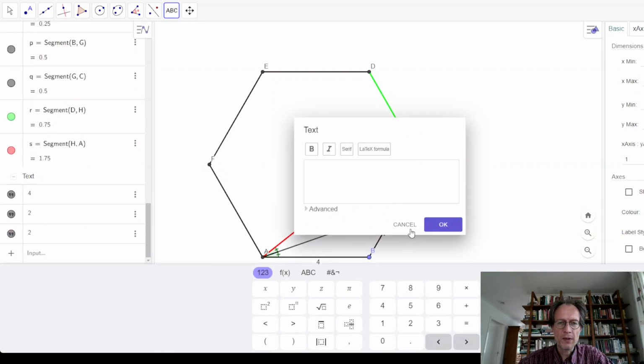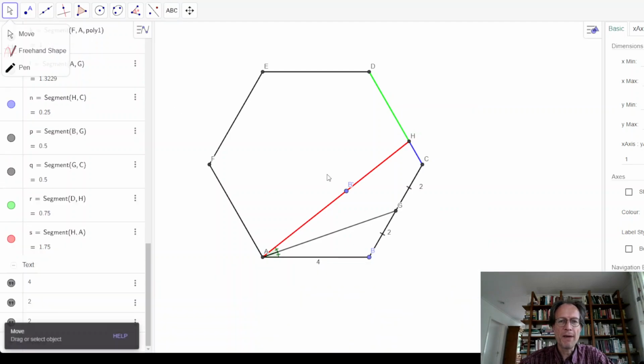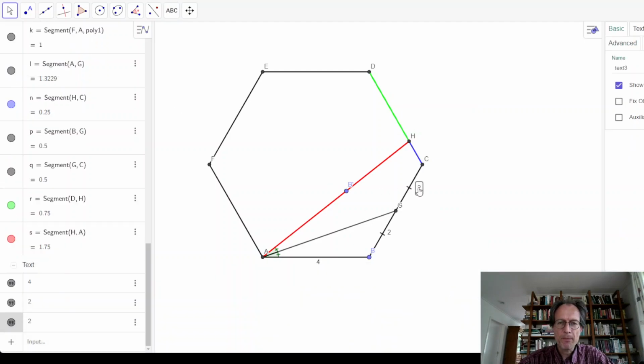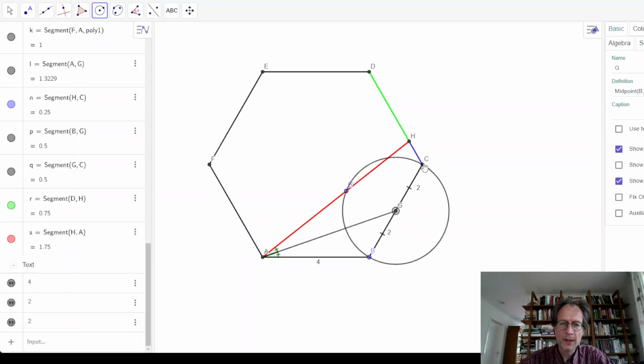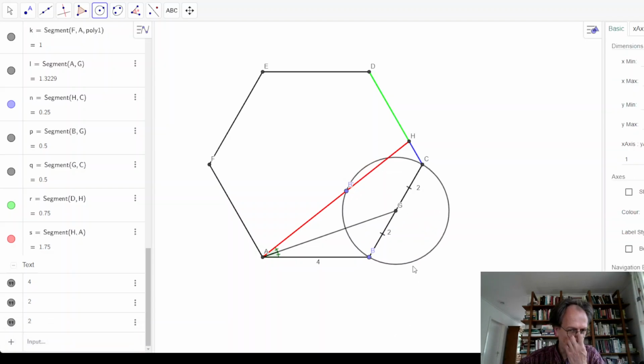So this is easily found. Now what I'm going to do is draw a circle centered in point G with a radius of 2. Obviously it goes through those 2 vertices, and it also goes through this point.